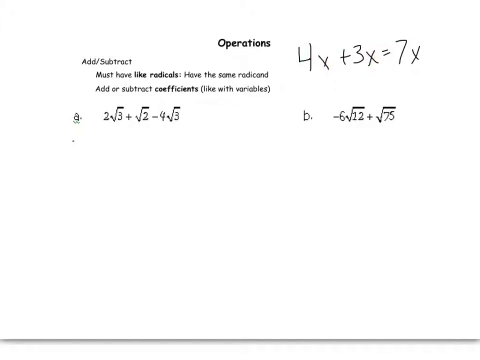So even though it's not a variable, it's a radicand, you can still only combine the ones that are alike. So the 2 square roots of 3 can only be combined with the negative 4 square roots of 3. And the square root of 2 kind of just hangs out on its own. It's in a whole different language there.